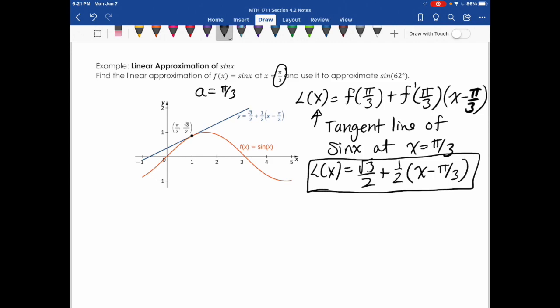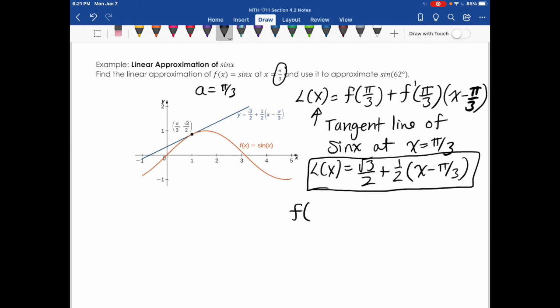Now what we need to do is use it to approximate the value of sine of 62. Because we're using radians to set up our tangent equation, we need to make sure we transfer 62 degrees into radians.